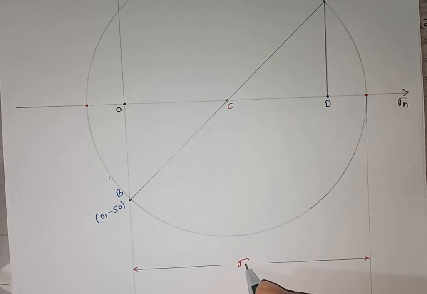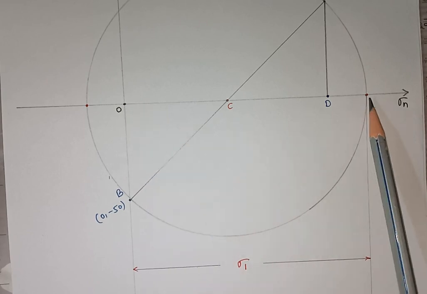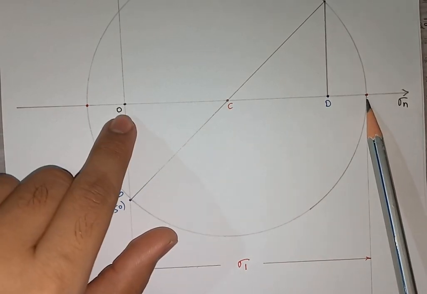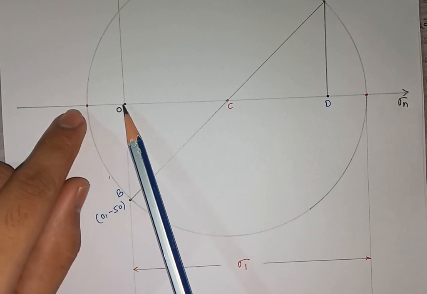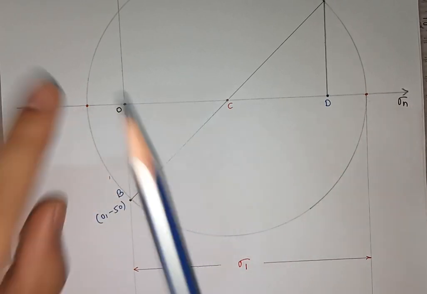I call it as sigma 1, which is my major principal stress. Why this is major? Because from origin this distance is more. This distance is more when compared to this distance. Right? That is the reason this becomes major and this becomes minor.